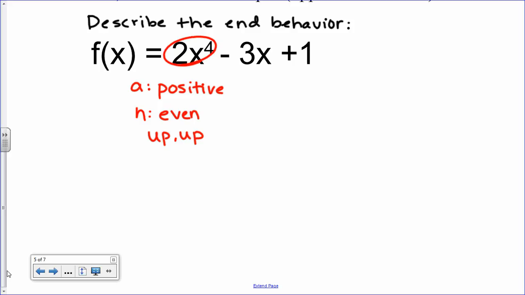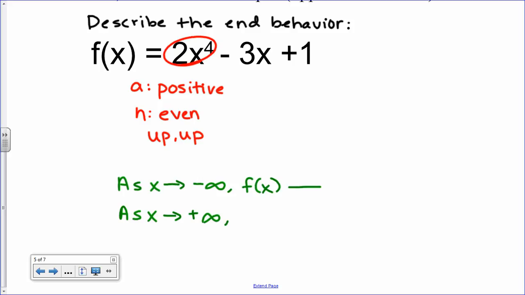And you've done this before in Algebra 2 and Pre-Calc. Okay, so we always do it left to right. So describing left and right. If you want the left side, you're saying as x goes to negative infinity. And the right side is as x goes to positive infinity. I'm going to put that plus there just to emphasize positive.